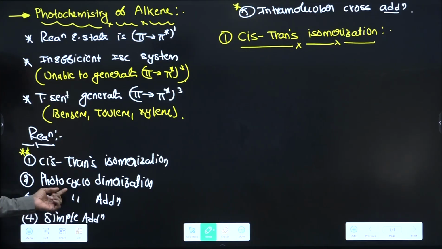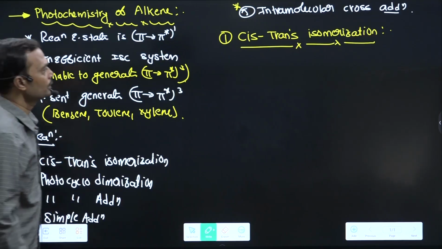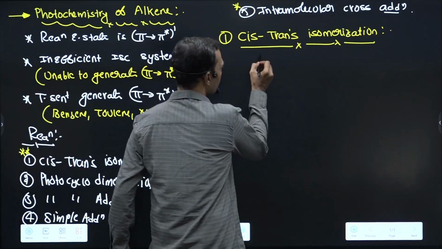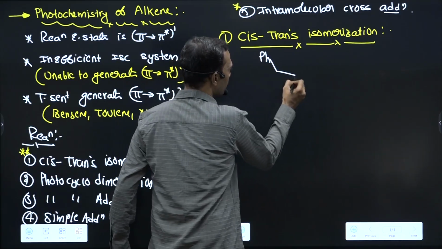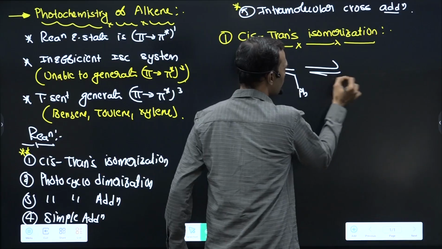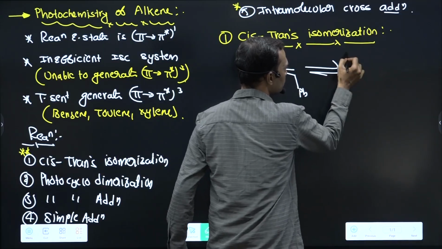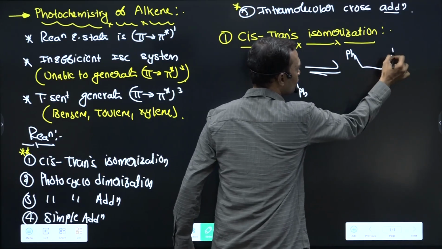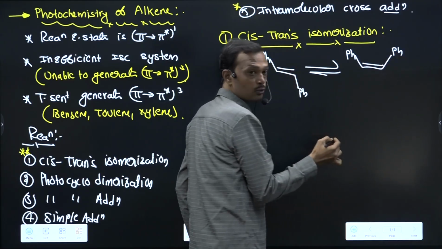Photocyclodimerization, photocycloaddition, simple addition, cross addition. See, normally if I take any aromatic ring, this is a stilbene, trans-stilbene. I want to convert trans-stilbene into cis-stilbene. Two specific methods are available, thermal and photochemical.